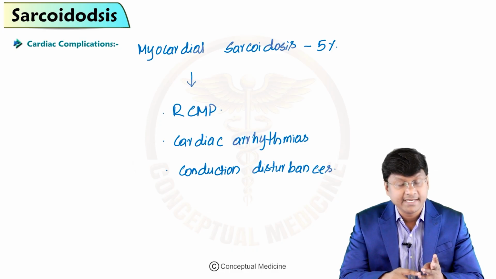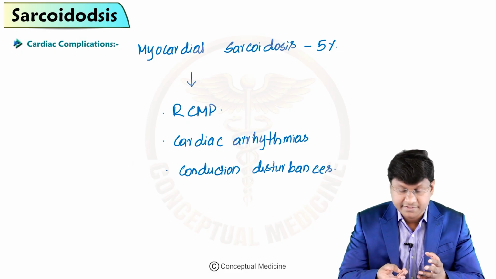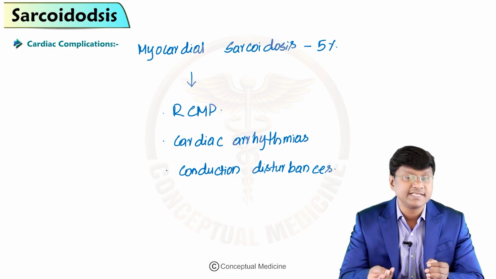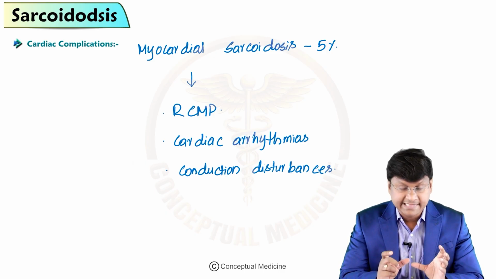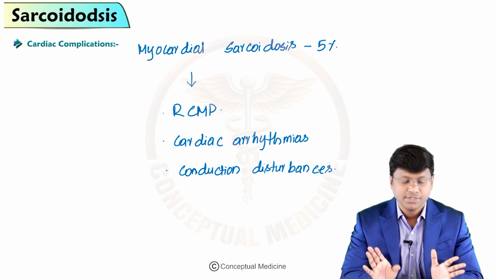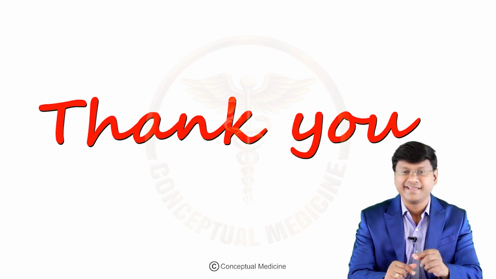Even the heart is affected in the form of myocardial sarcoidosis, and CNS involvement in the form of neurosarcoidosis. So it's a multi-system involvement, and the definitive diagnosis will be your biopsy. Drug of choice will be your steroids. So with this, I'll wind up this session of sarcoidosis, and thank you very much.